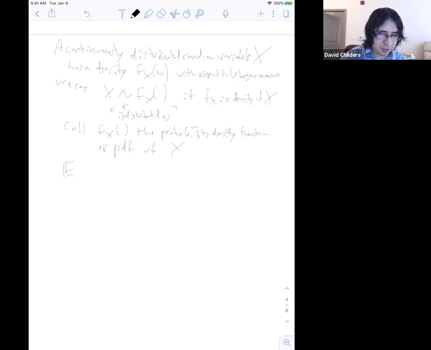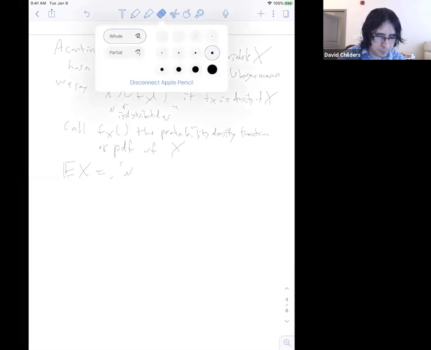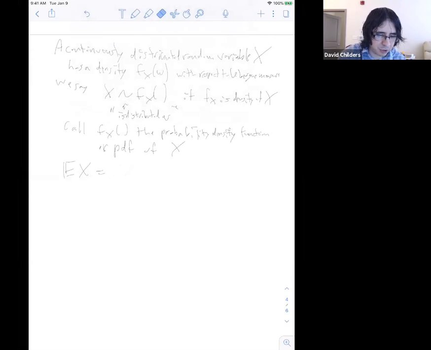And we can use the Radon-Nikodym theorem to define the expectation of X as equal to the expectation with respect to Lebesgue measure of X times the Radon-Nikodym derivative, which is f_X.